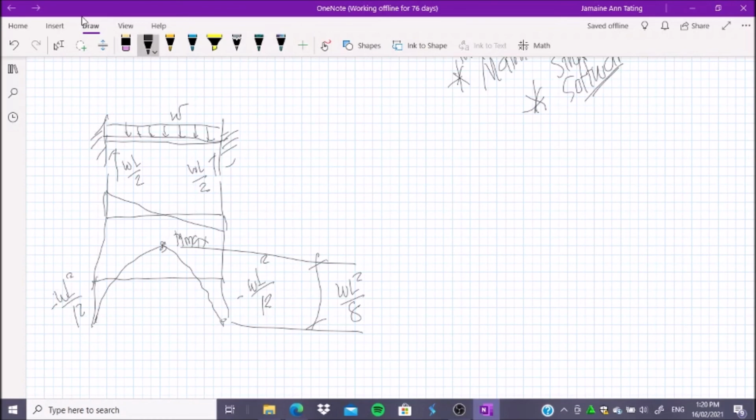So the maximum moment here will simply be equal to WL squared over 8 minus WL squared over 12, and then you will get the value. That is the maximum moment. Or you can use the shear and moment diagram.